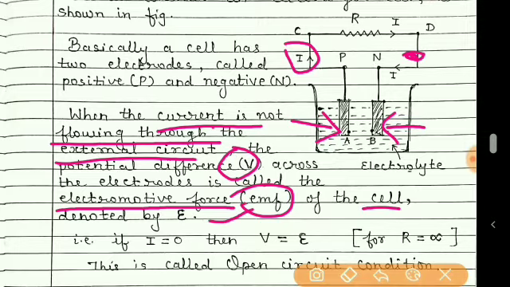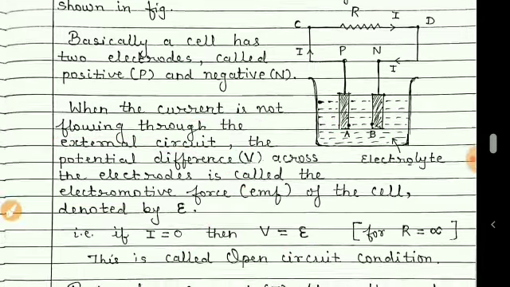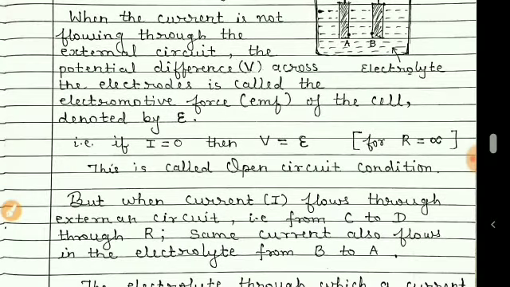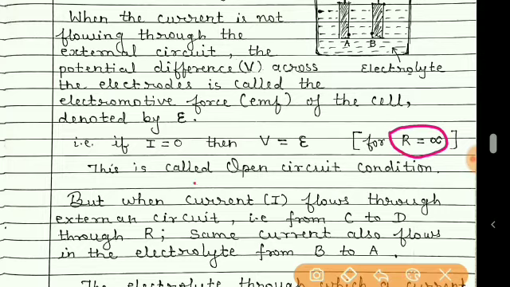This EMF is denoted by epsilon. Here I is equal to 0, and so V is equal to epsilon. Students, when the current does not flow, we can say that the resistance is infinite, and this type of condition is called open circuit condition.